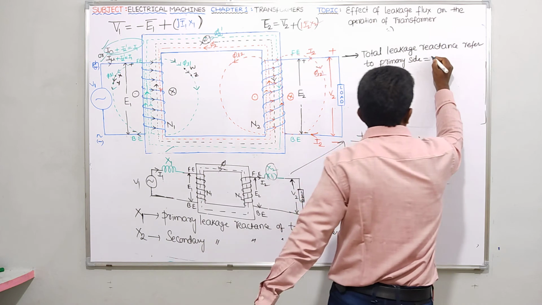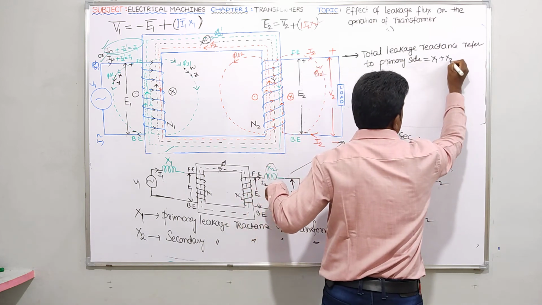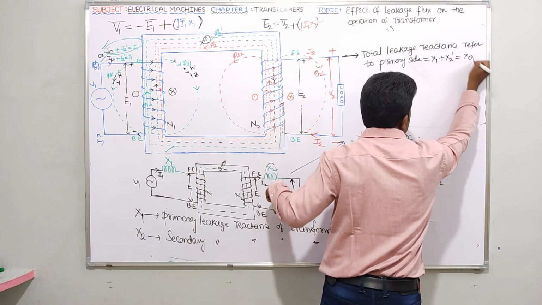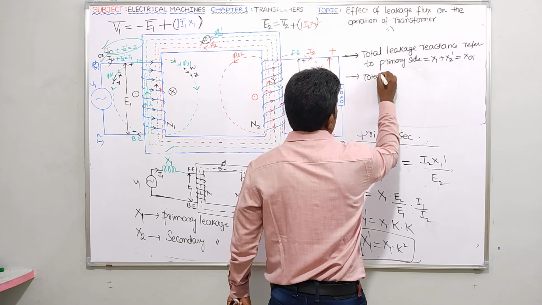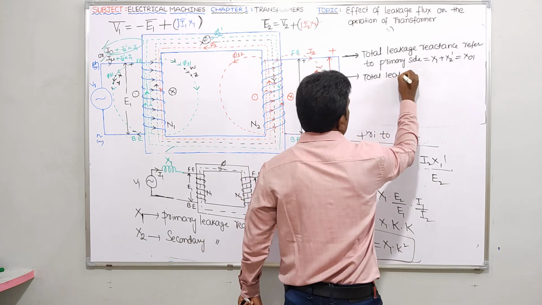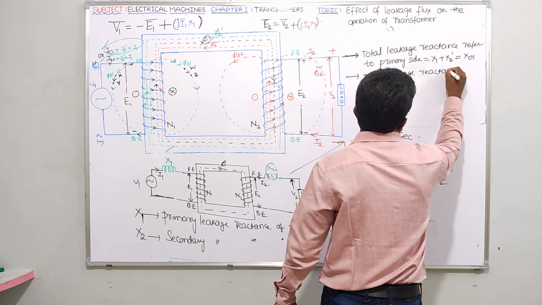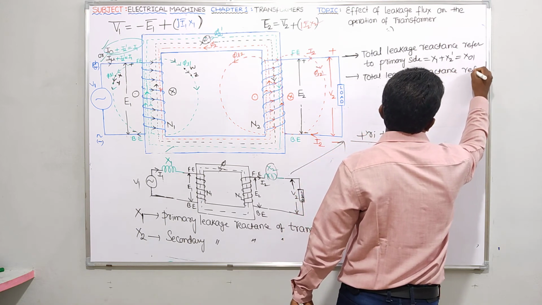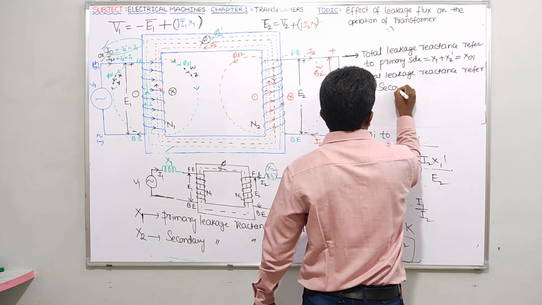In the primary, X1 is already there. From the secondary, X2 is coming, it is becoming X2 dash. That becomes X01. That's it. Is it clear? Next, similarly, tell me the total leakage reactance referred to the secondary side.